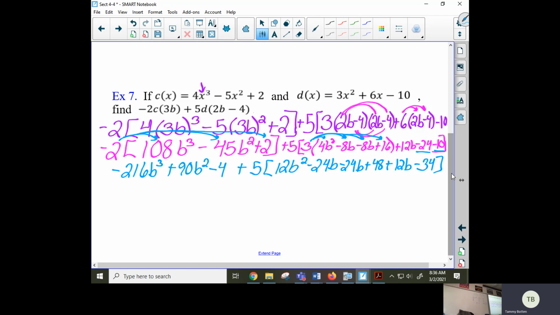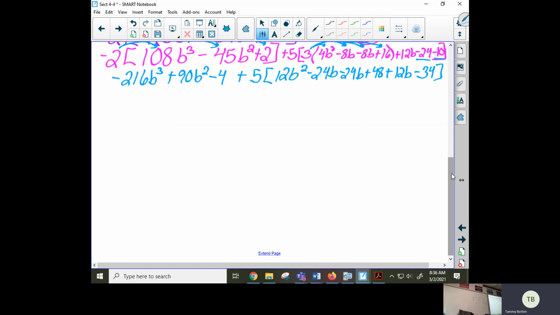Okay. So now what I have to do is distribute this 5. And then I can start, and I could have combined terms first here. You might have chosen to do that before you distribute the 5. It's kind of up to you. Okay, so these I'm just rewriting.